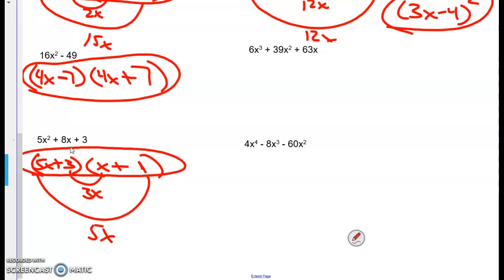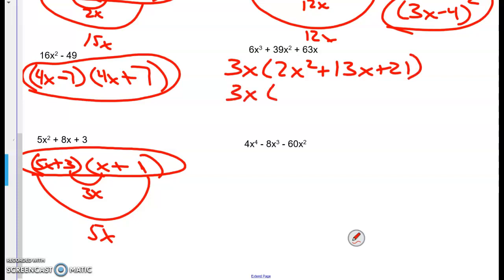So in this case, I can get a 3x out of here, leaving 2x squared plus 13x plus 21. You bring the GCF down, but you're just factoring what's left over. I'm going to do 2x and x, and now I've got to decide between 7 and 3, or 1 and 21.